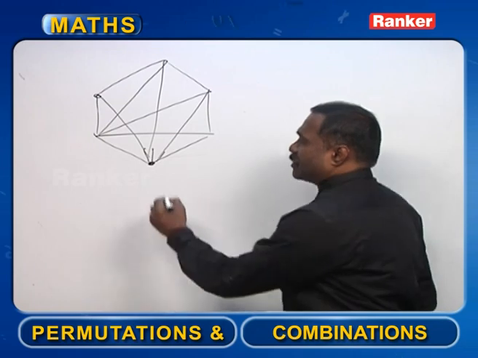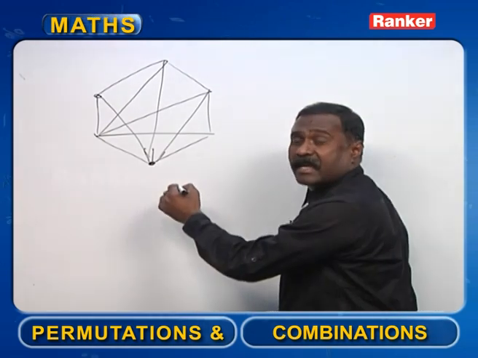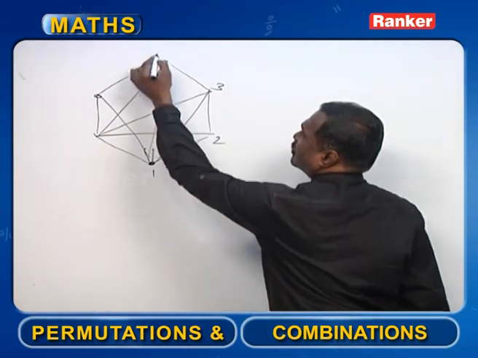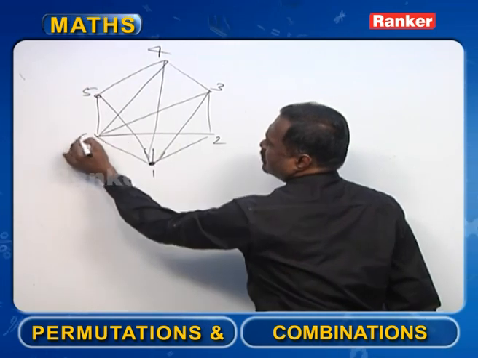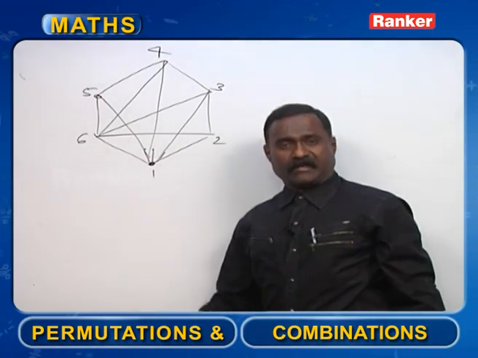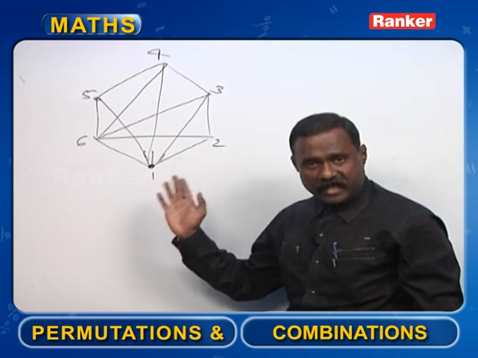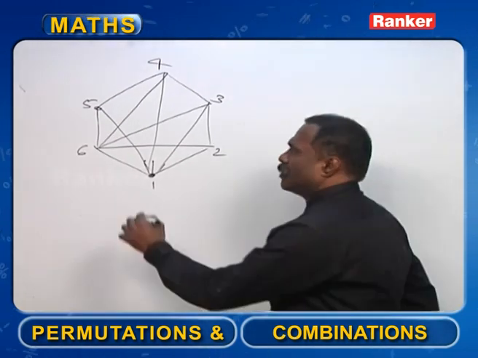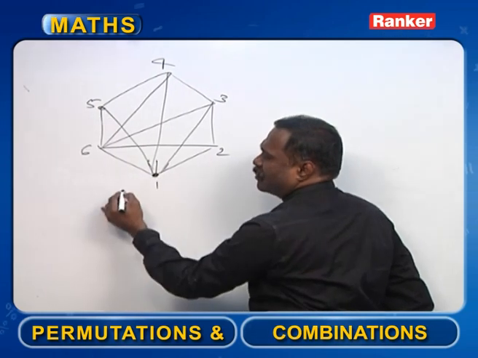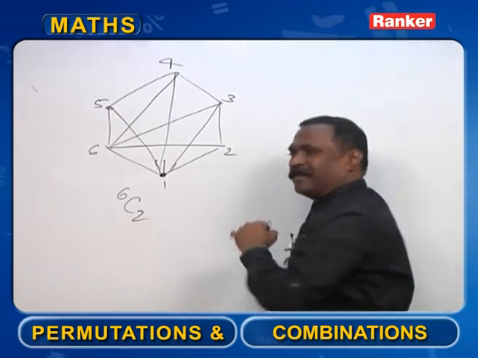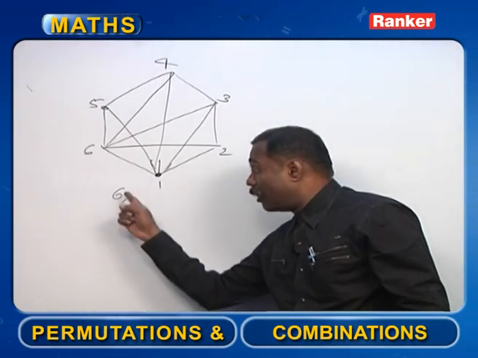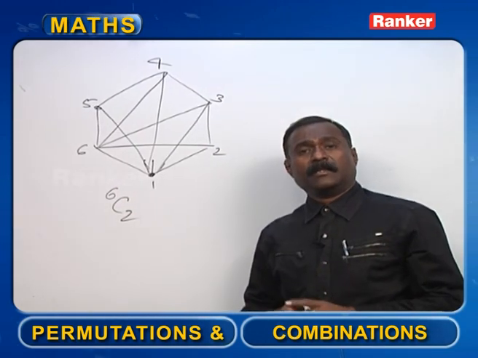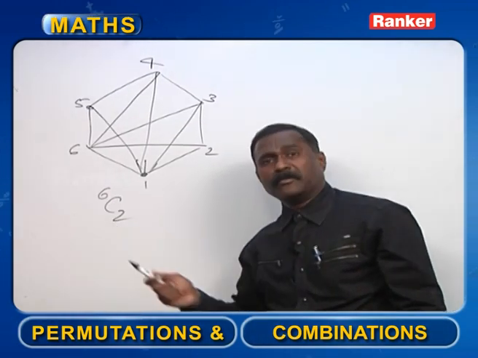So a 6-sided polygon, that is a hexagon, how many vertices does it have? 1, 2, 3, 4, 5, 6. In this 6, we need a diagonal. A diagonal consists of 2 points, so I will choose 2 points. I have applied 6C2 here. Then you may think, why not 6P2?